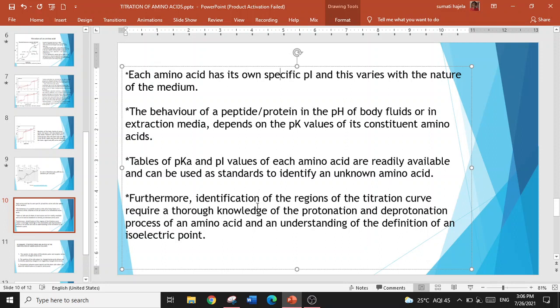Furthermore, identification of a region of the titration curve requires a thorough knowledge of protonation and deprotonation of an amino acid and an understanding of the definition of isoelectric point. आइसोइलेक्ट्रिक पॉइंट की डेफिनेशन पता होनी चाहिए, अगर pI पॉइंट दिया है तो उससे हम मीडियम का पीएच समझ सकते हैं टाइट्रेशन में कहीं पे भी.